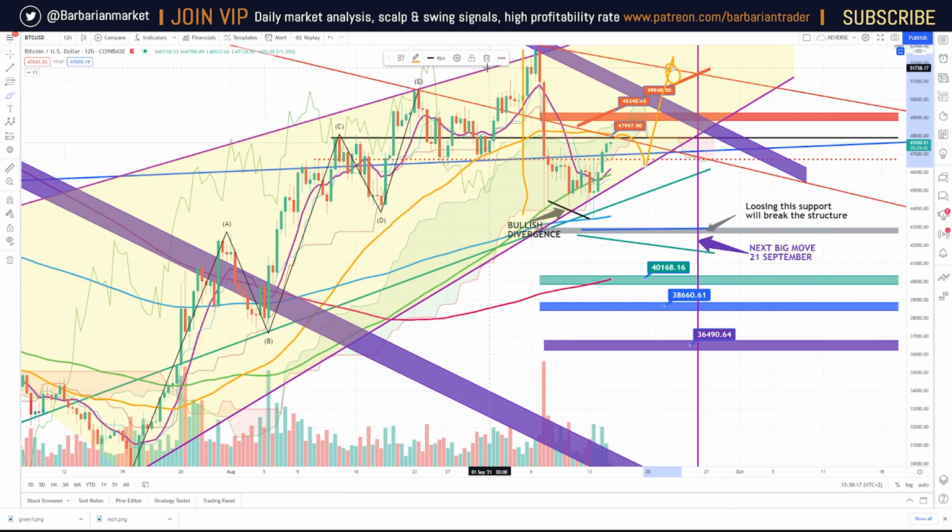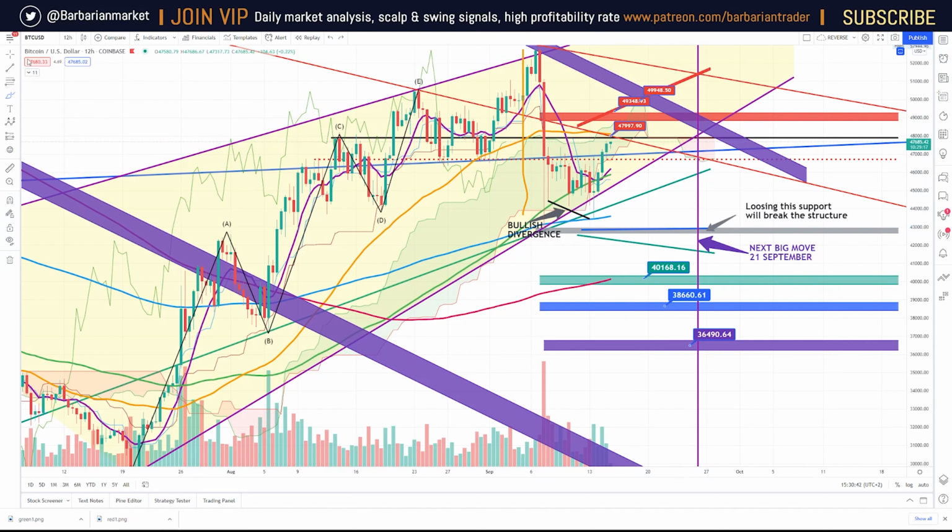Otherwise, they might just drop from this area, pull around here at the base, break it, test it as resistance, maybe test this as support, and continue down with the second leg down, like we talked earlier.